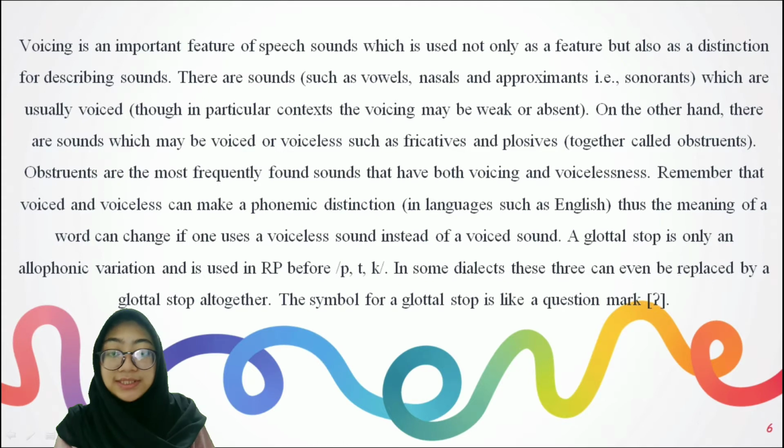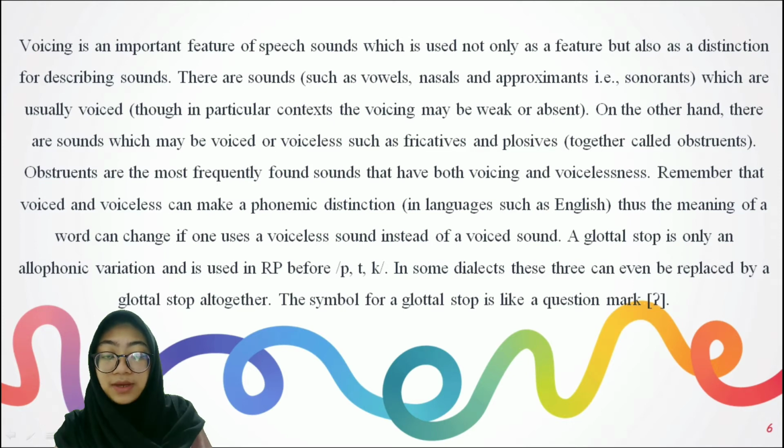The next material is introduction. Voicing is an important feature of speech sounds, which is used not only as a feature but also as a distinction for describing sounds. There are sounds such as vowels, nasals and approximants, sonorants, which are usually voiced in particular contexts.